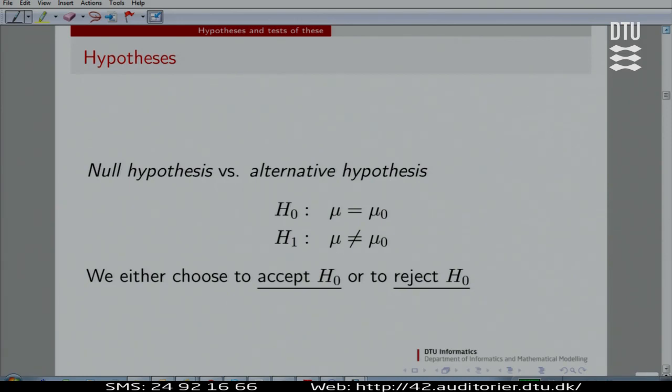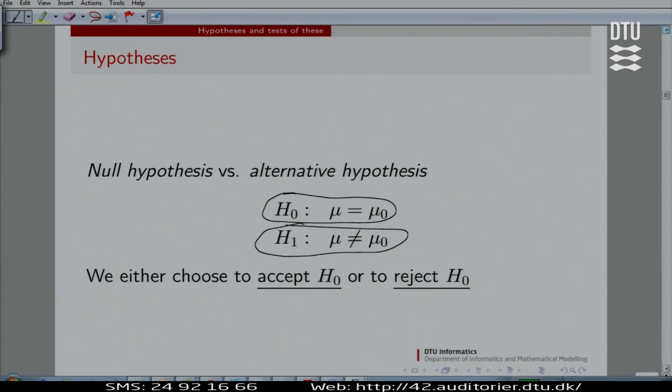Here it comes. Still a bit abstract. Generally speaking, this is a null hypothesis. Then we can have an alternative hypothesis. I'm repeating myself a little bit, but I don't think that is a bad thing. The alternative hypothesis can either be like this, or it may be one-sided.